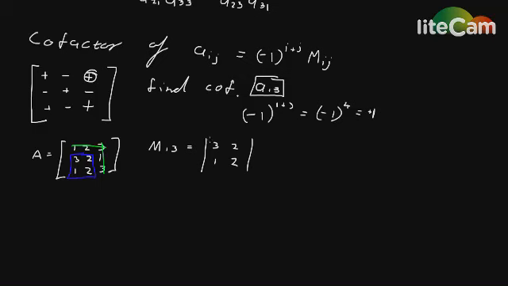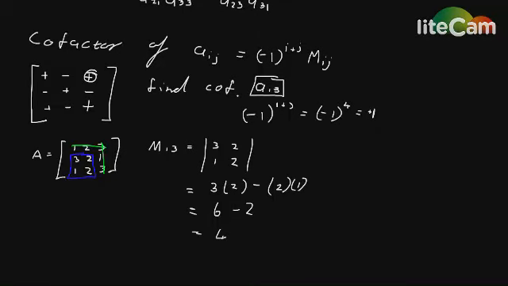We're just going to remember, stick a plus in front, multiply those two, stick a minus in front, multiply those two. So that is equal to 3 times 2 minus 2 times 1, which is then equal to 6 minus 2, which is equal to 4.